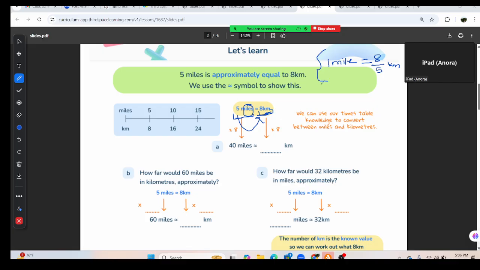So 1 mile is equal to 8 divided by 5, which would be 1.6. Let me show you how I divide it. I put 5 there, 8 inside. We always keep the denominator outside. 5 times 1 is 5 because 5 is the only number in the 5 times table smaller than 8, right? Then 8 minus 5 is 3. Then you would put a decimal because whenever the number becomes smaller than the number we are dividing, we put a decimal, right?